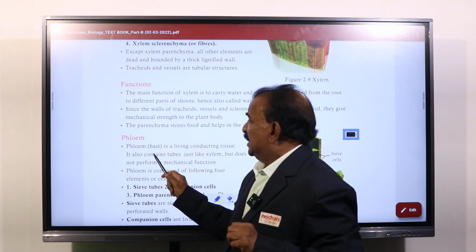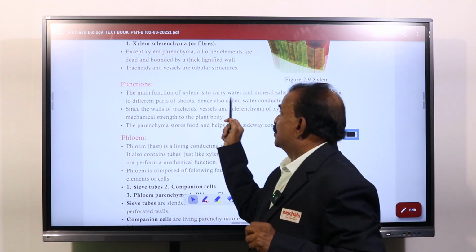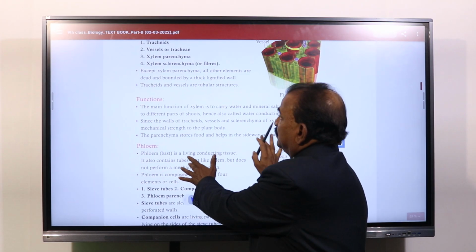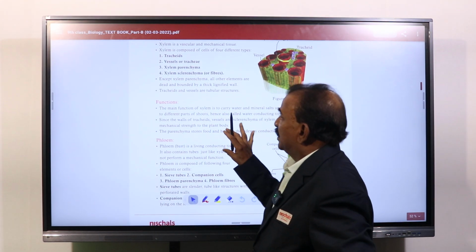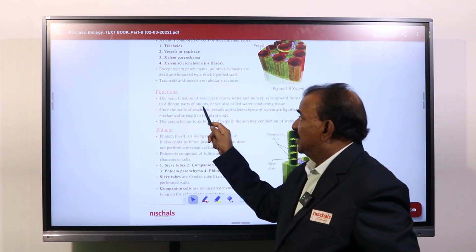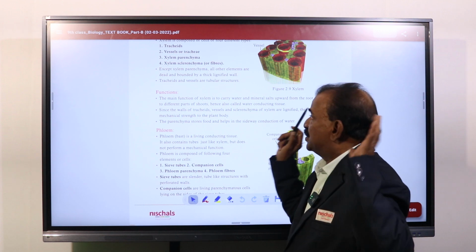The main function of the xylem is to carry water and mineral salts upward from root to different parts of the shoots, hence it is also called water conducting tissue.